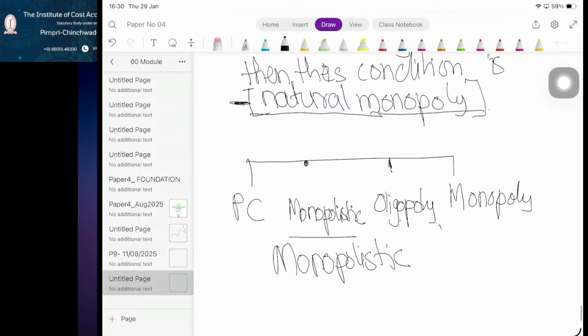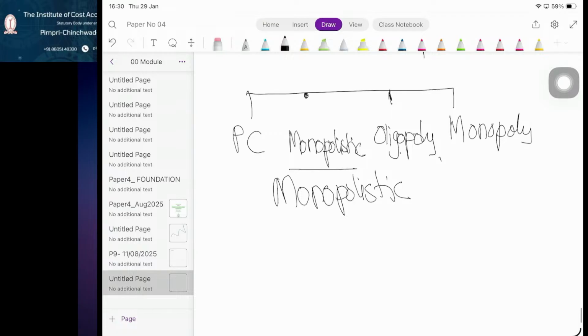See, the spelling is different from monopoly and its meaning is also totally different. We have seen what is perfect competition, we have seen what is monopoly. Now write down what is an oligopoly.